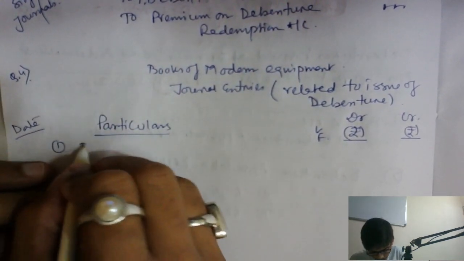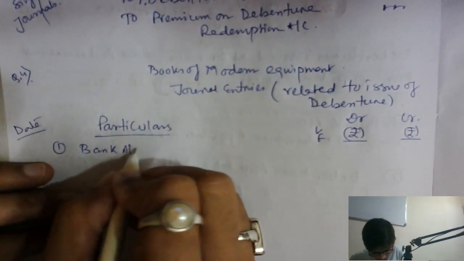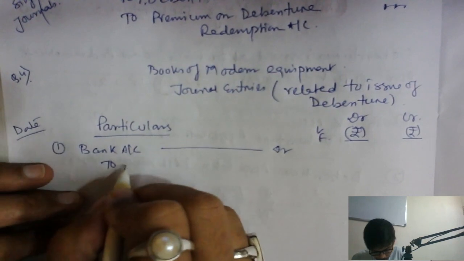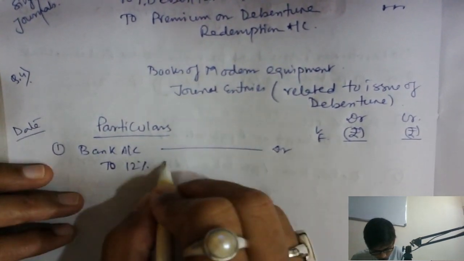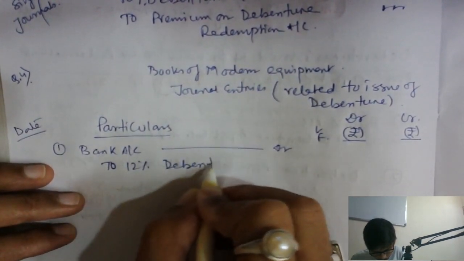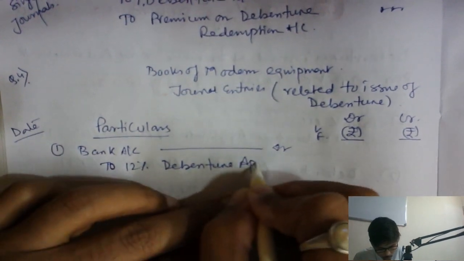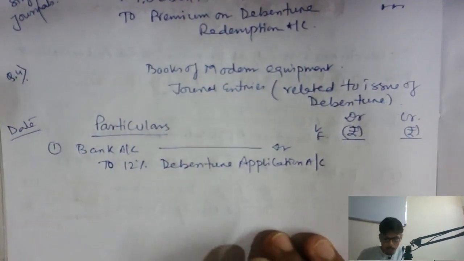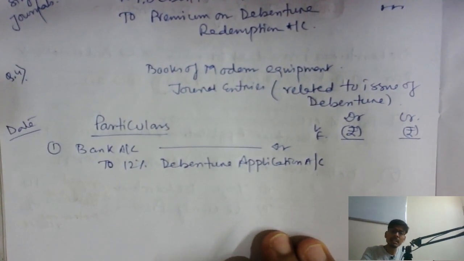Now see, the first journal entry, the date is not given here, so we are going to do, see, bank account debit to 12% debenture application. Always mention the coupon also. So bank account debit to 12% debenture application.